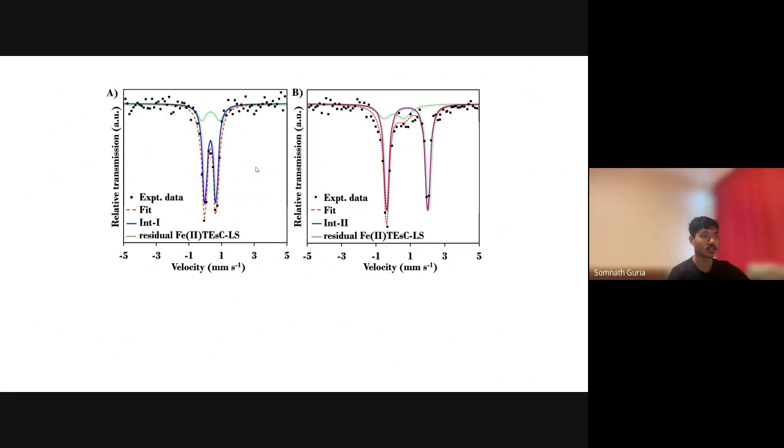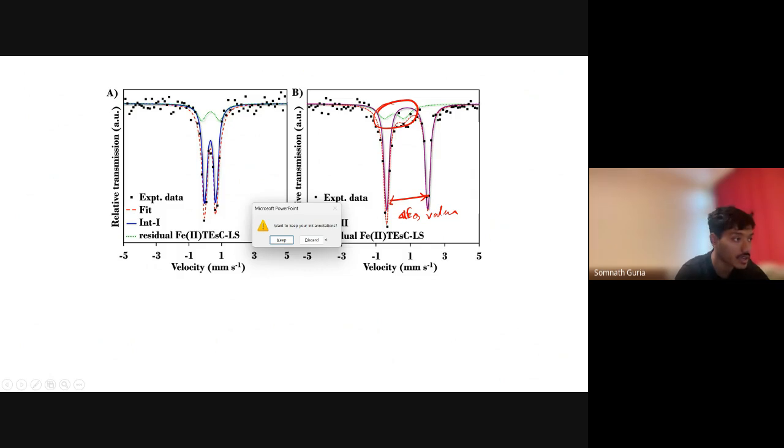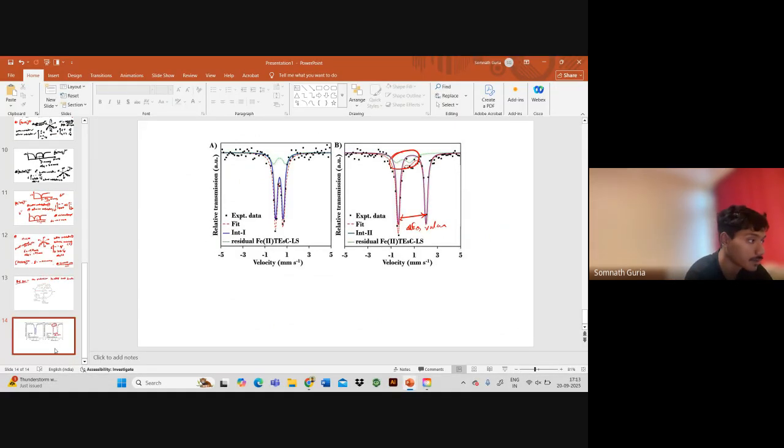So this is the splitting of only the residual iron 2, and this is the splitting of the intermediate, the delta EQ value. I have that paper, so I'll attach the DOI number and share it with you.